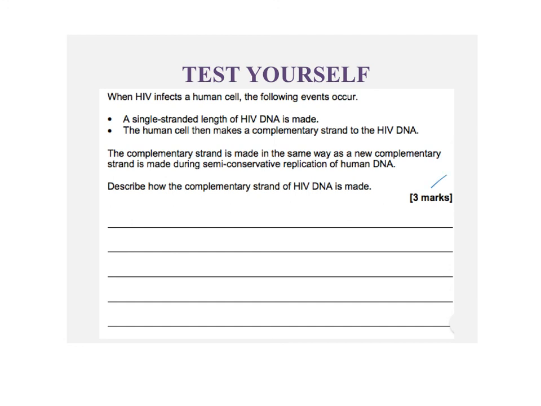Now this is where we're bringing back module 1. Okay, because it's effectively asking you, how does semi-conservative replication happen, and how does it make another strand of DNA to make that HIV DNA double-stranded? So it's 3 marks. You've got 5 minutes. Give me a pause, and then when you're ready, we'll go to the answers, and then we are done.